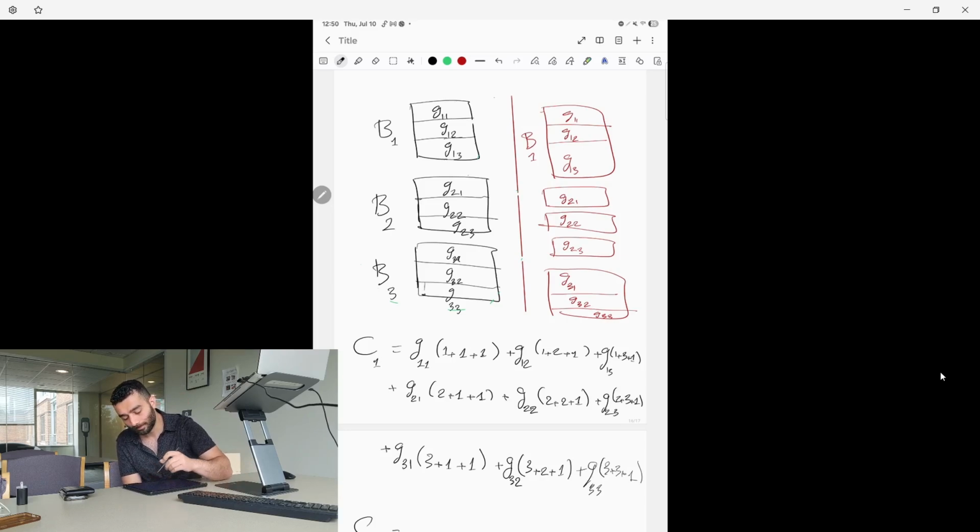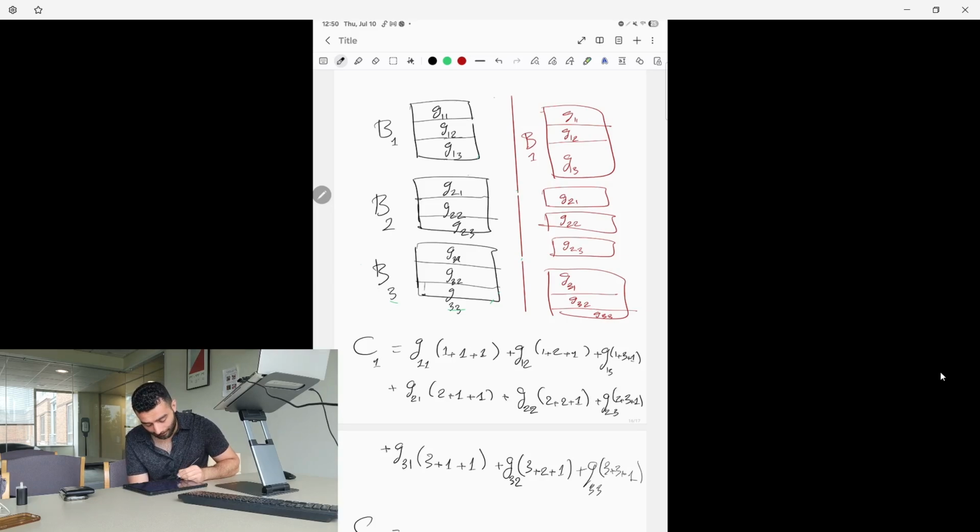So cost of C2 is like G1 1, again this term. And the cost that changes here is this one.